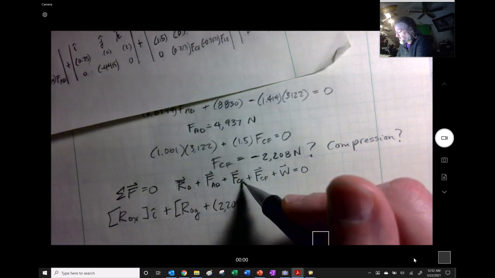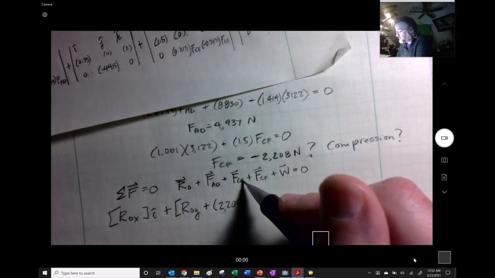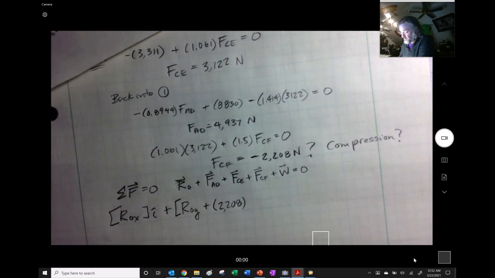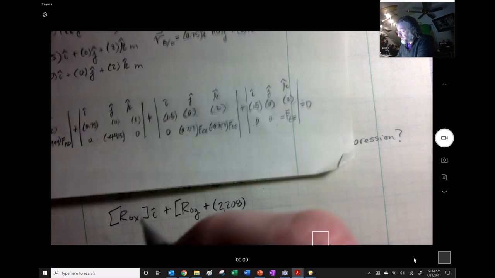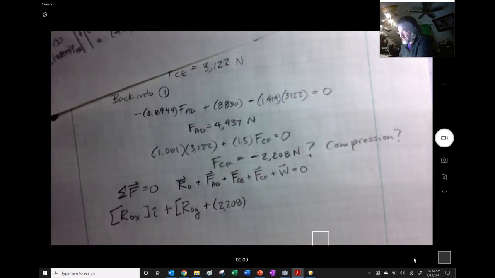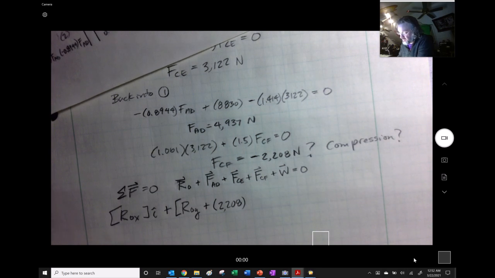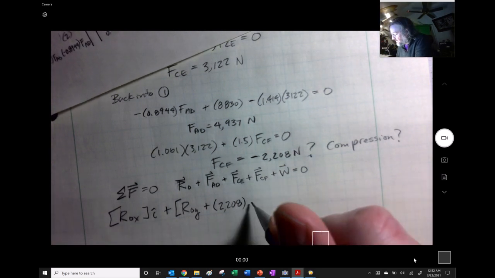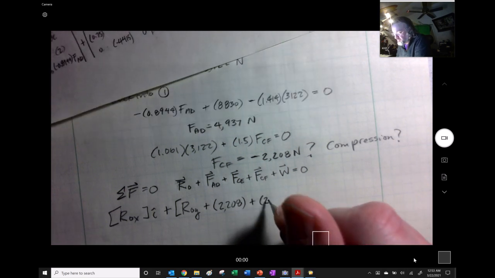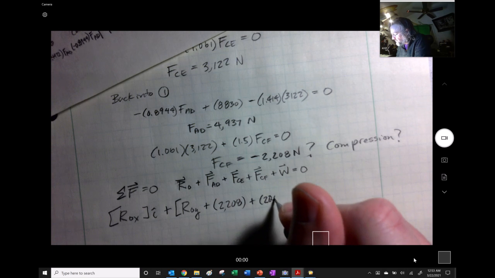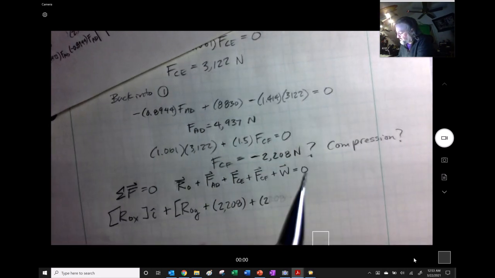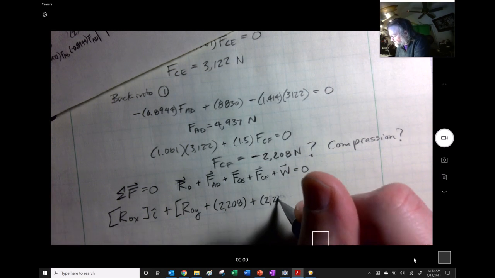And then FCE, that was our 3122, and CE should be 0.7071 times that, and we're getting the same numbers. But was it negative? No, it was positive. 2208. This is weird. Getting all 2208s. It's like coming up little cherries or something. A slot machine.